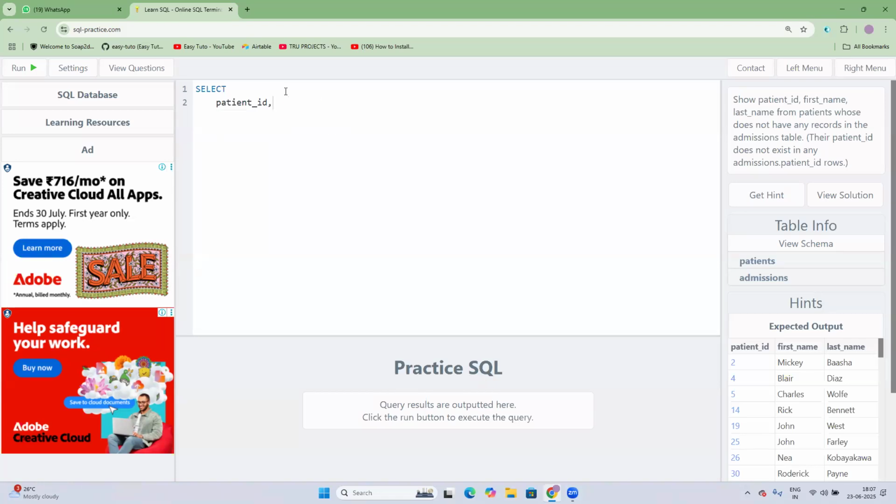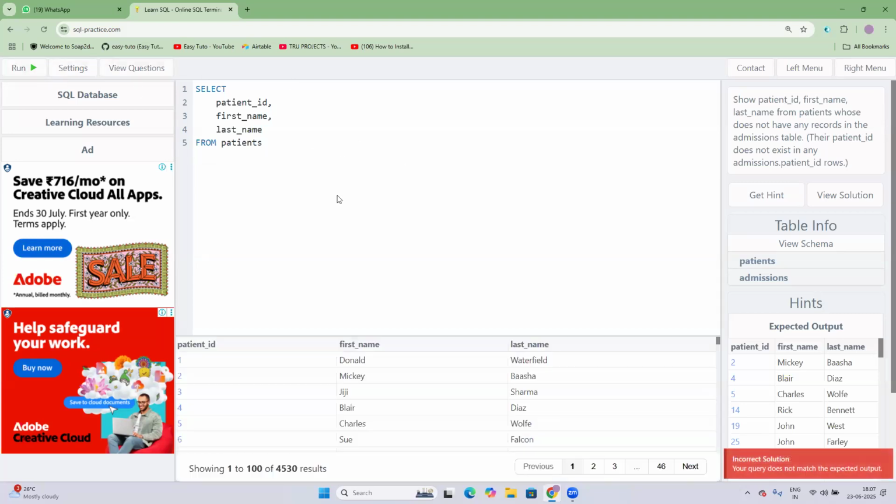Okay, so I want patient ID and then I want first name and then I want last name. Right? Everyone agree? Okay, now all of this I'll get from the patients table. Now, how to filter out?